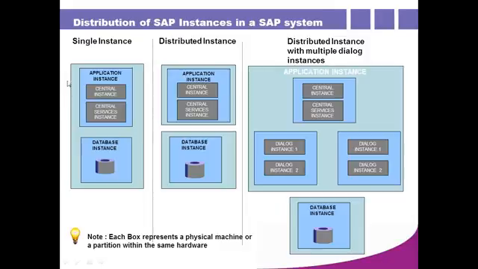In the single box we install SAP and database. That's why we call it a single or central system, because SAP and database are on the same host, the same server. No separate server for database, no separate server for application.